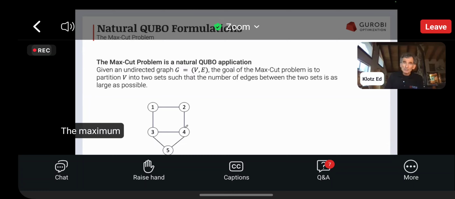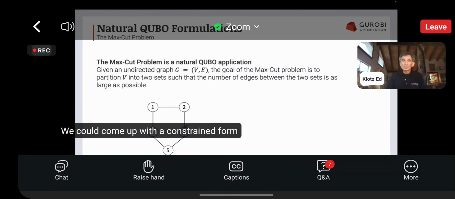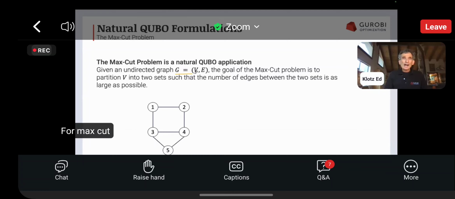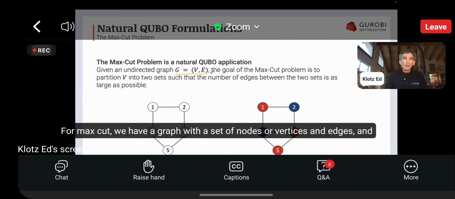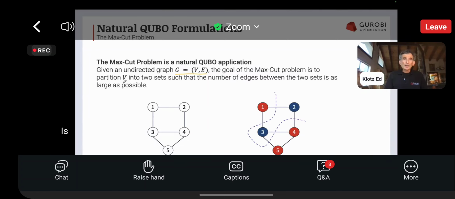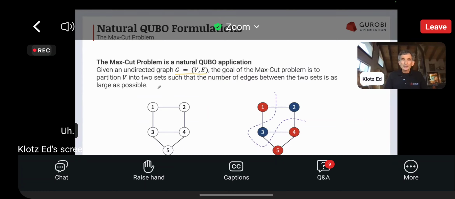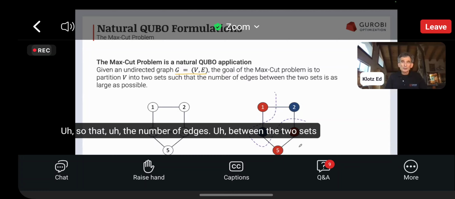The maximum cut problem is the case of a natural QUBO formulation. We could come up with a constrained formulation, but we don't need to. So for max cut, we have a graph with a set of nodes or vertices and edges. And what we want to do is partition our set of nodes into two sets so that the number of edges between the two sets is as large as possible.